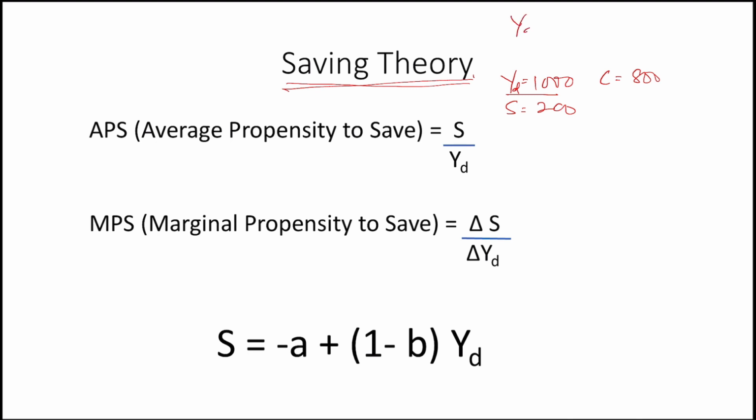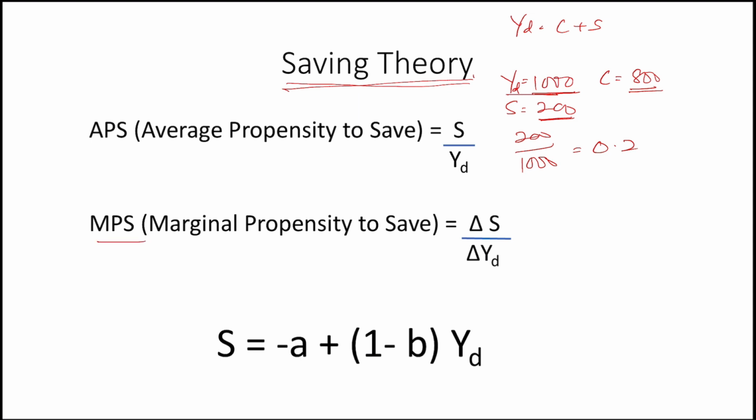Okay, so YD equals to C plus S. When your income is 1000, consumption would be 800 and saving would be 200. So how to get APS? 200 divided by 1000, we will get 0.2, meaning 20% of your income is used for saving.